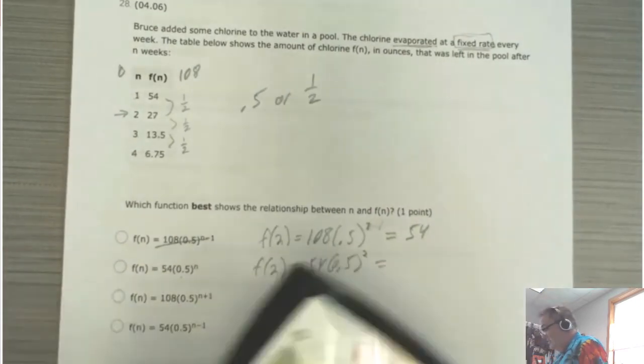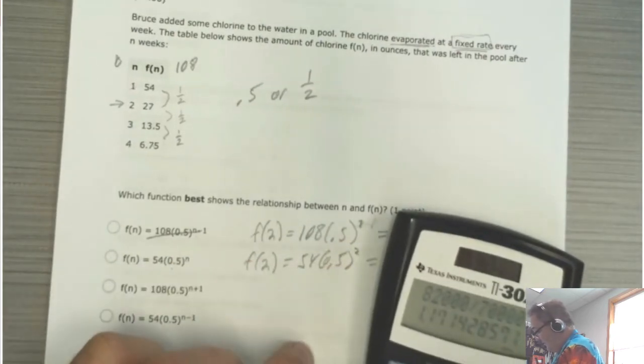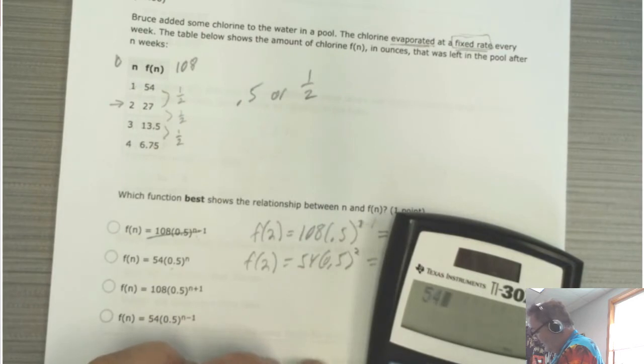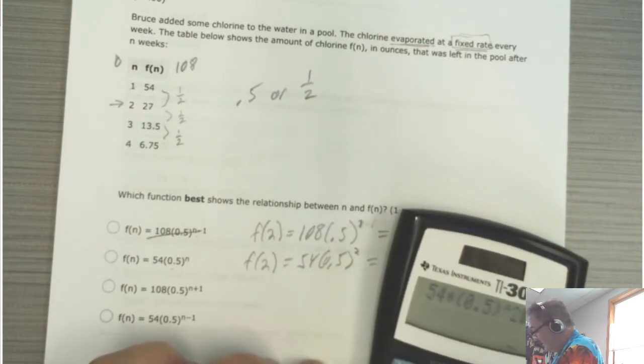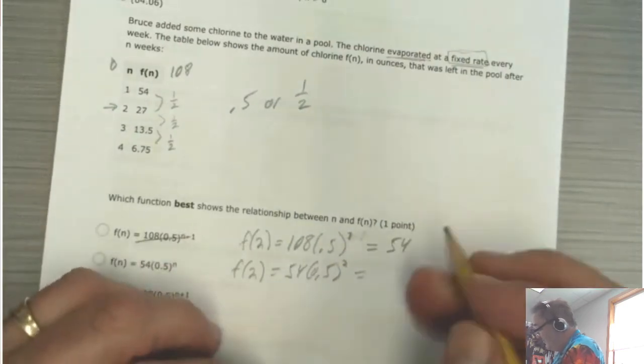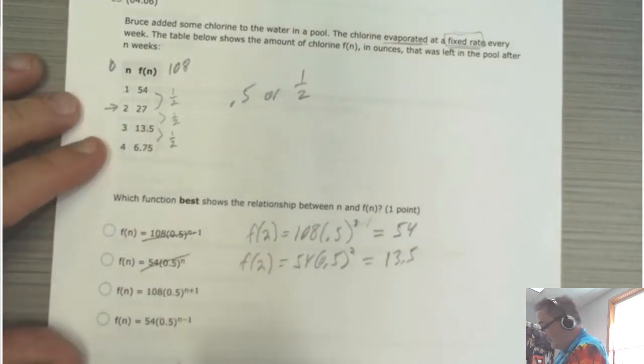So let's put that in our calculators, double check. 0.5 to the 2 should be 0.25, but we will put the whole thing in the calculator. 54 times 0.5 squared, the power 2, that equals 13.5. We did not have 13.5 left in week 2. That formula does not work.